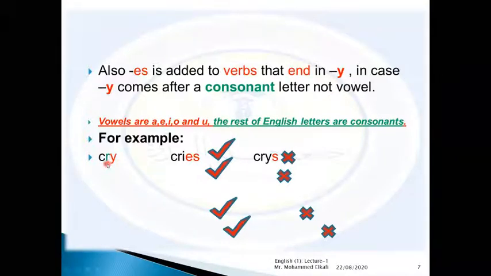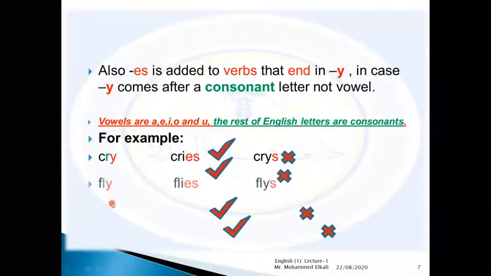So here, because R comes before Y and R is a consonant, we change Y into I, and then we add ES. So here, cry became cries in this way, not this form. Adding just S is wrong.